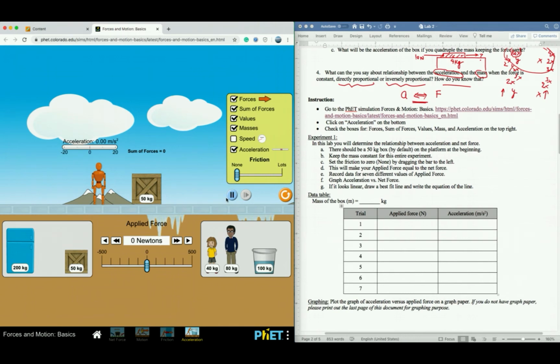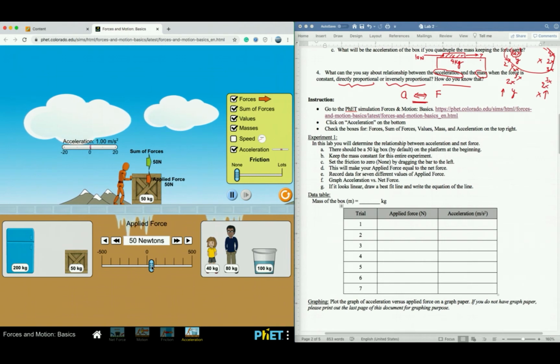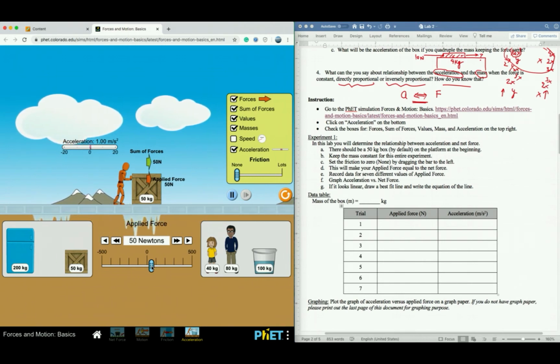Now what we will do in this part is we will apply different forces on this box, and then we will measure the acceleration produced on the box. So for example, if I apply, let's say 50 newtons, that produces the acceleration of 1 meters per second squared.